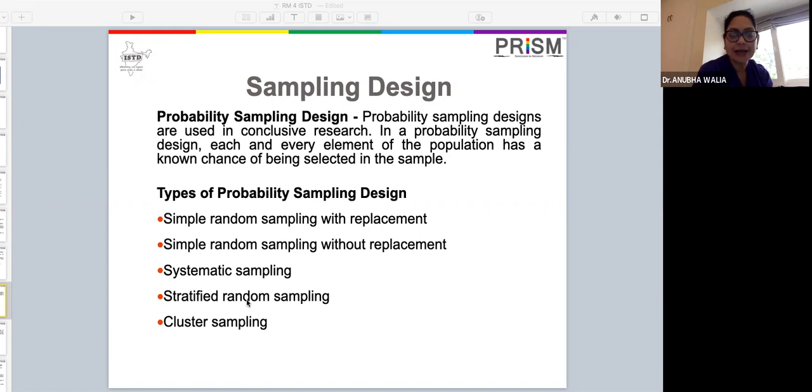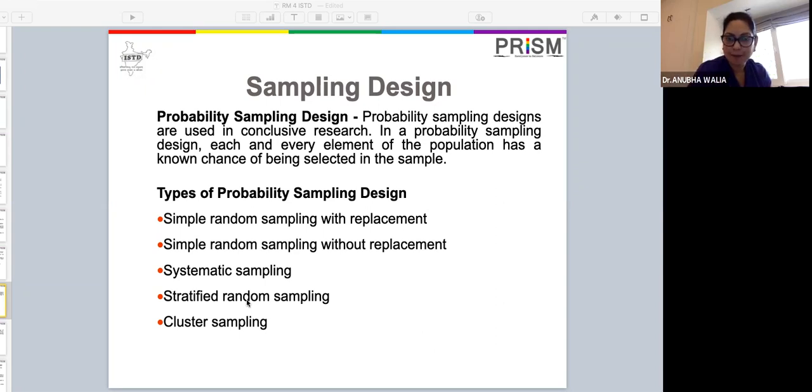For example, for a state, the strata may be divided into districts, then districts into blocks, blocks into villages, and villages then further into identifiable groups of people. And then we take a random sample or a quota sample from each group.